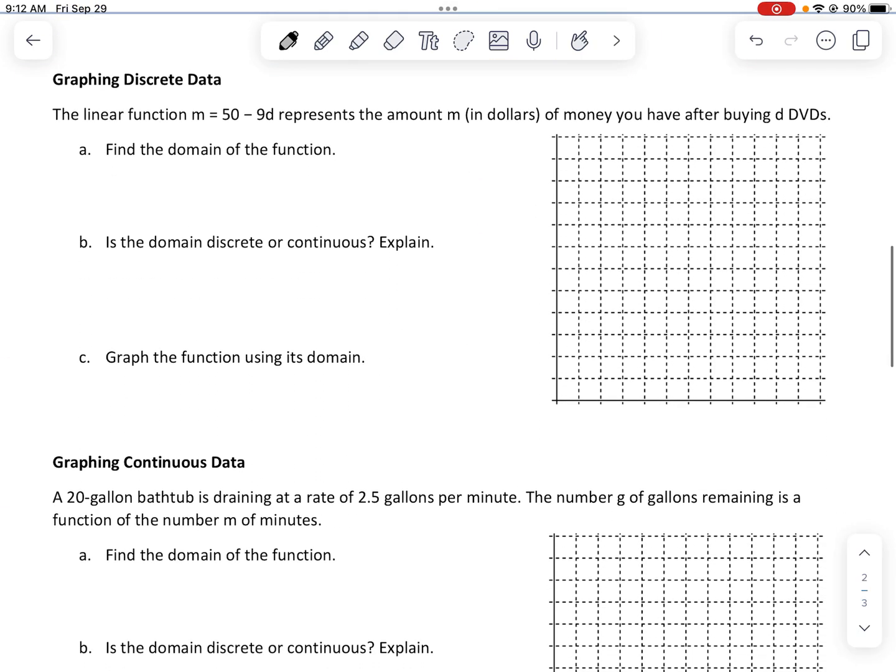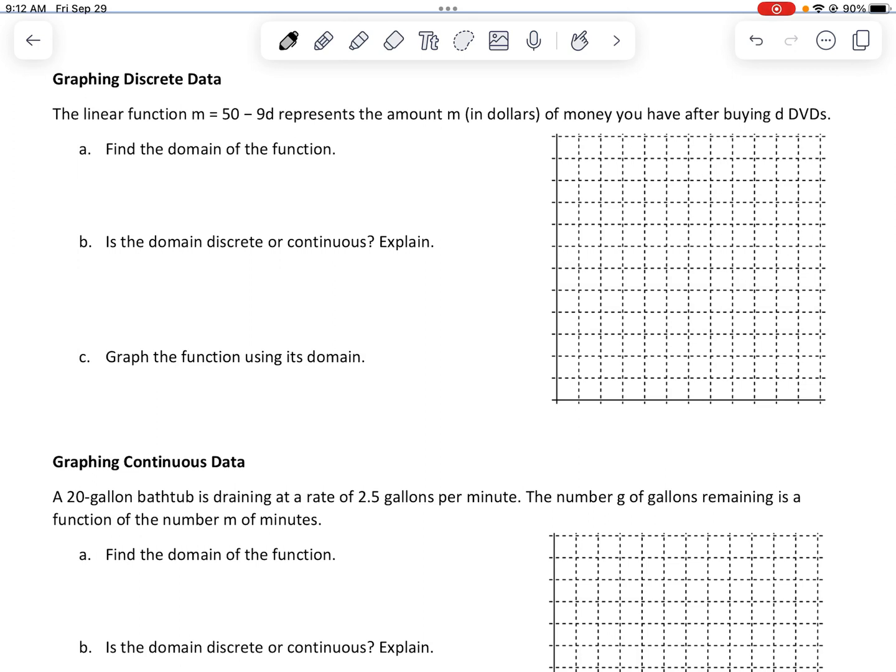Okay, flip your notes over, and this is the part that maybe gets a little bit more complicated, but it shouldn't be too bad. We have a linear function, m equals 50 minus 9d, and it represents the amount of money in dollars after you buy d DVDs. This question's a little outdated. I don't think many of us buy DVDs anymore.